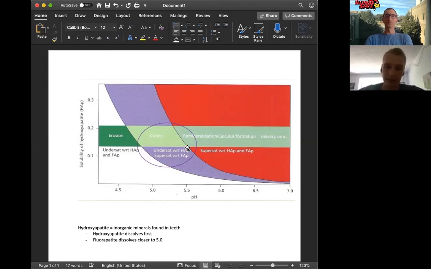And then as the pH in your mouth continues to drop, eventually you follow this curve where you become undersaturated with the fluorohydroxyapatite. And at that point, your teeth have lost all their mineralization.